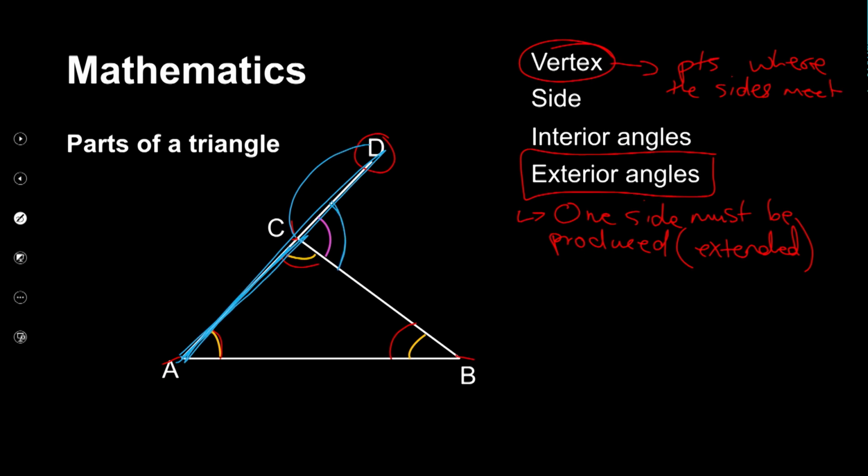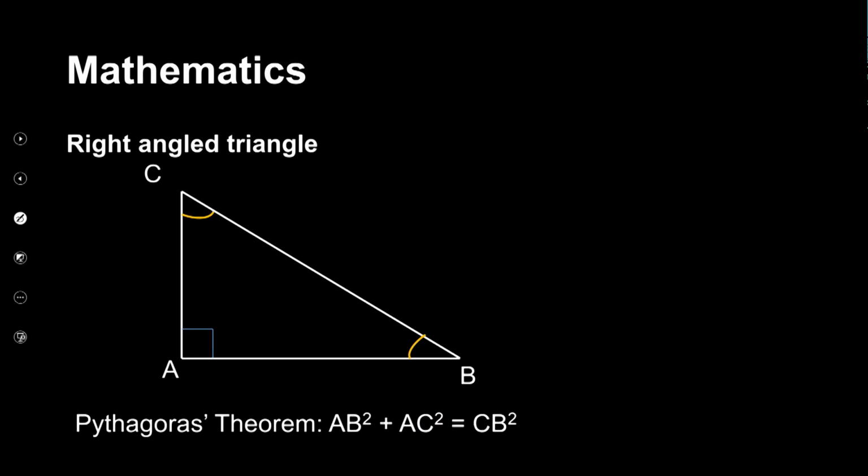Therefore, this will be considered the exterior angle of this particular triangle. If I was to extend that one, my exterior angle will be there. If I was to extend that one, it will be there. So please just know it can only have an exterior angle if one side is extended.